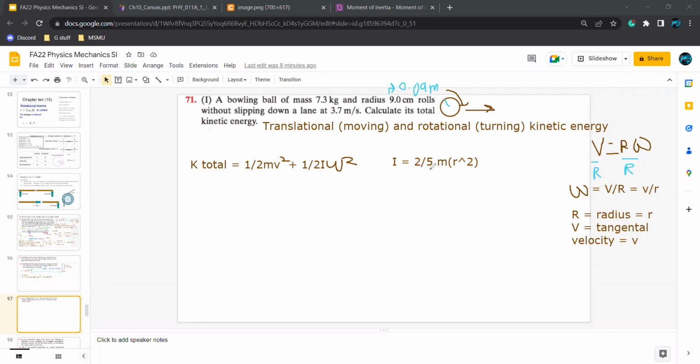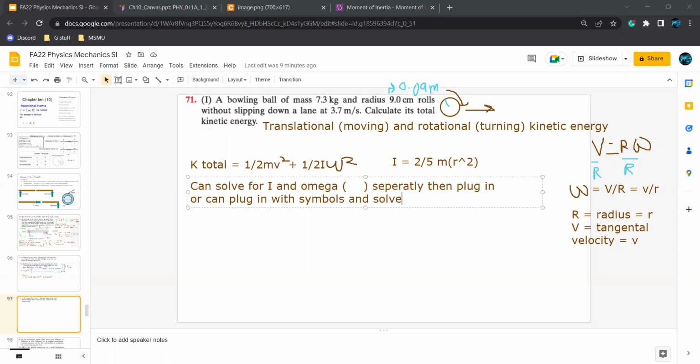Cool. So you can do one of two things. You can solve for I and omega separately, or you can plug it in with symbols, simplify it and solve.